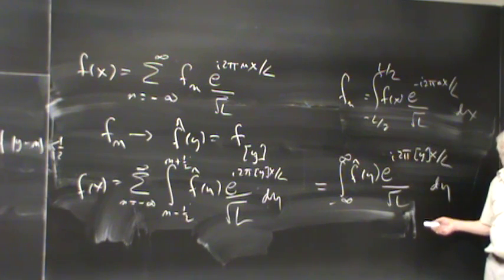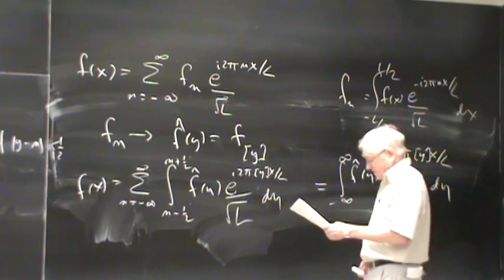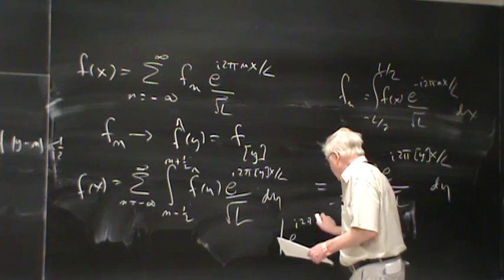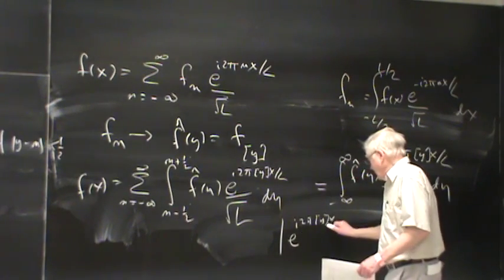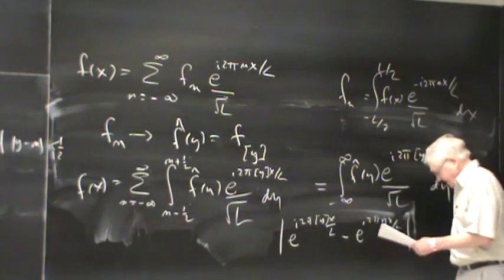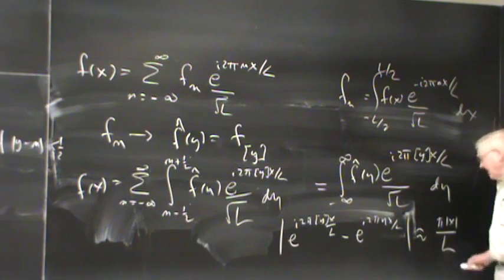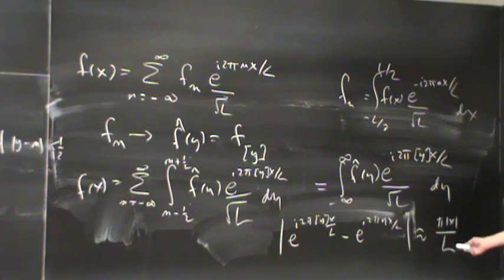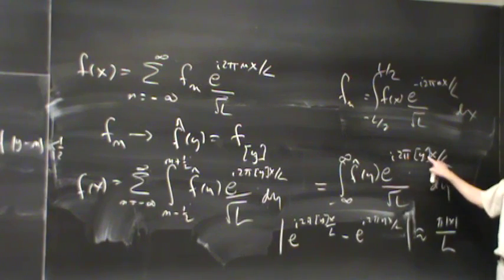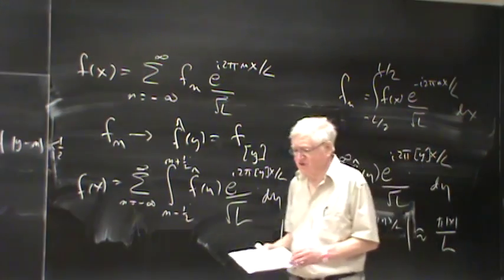It's something like 1/2 divided by L. Consequently, the difference between e to the i 2 pi greatest integer y x over L and e to the i 2 pi y x over L is of the order of pi absolute value of x divided by L, and we're taking the limit L goes to infinity. So that's why we can replace the nearest integer to y by y itself. And when we do that, we're essentially done.